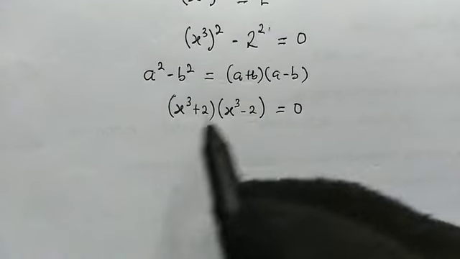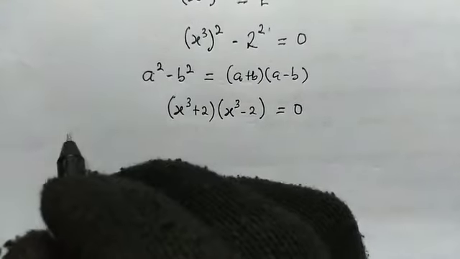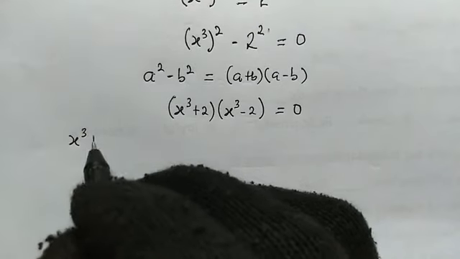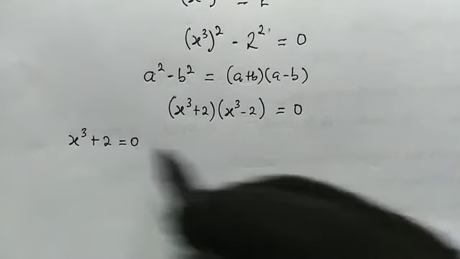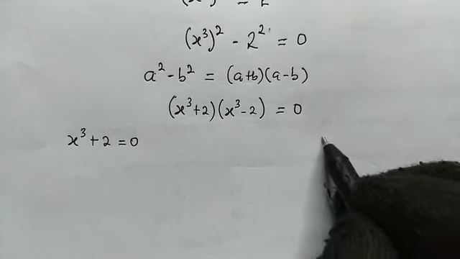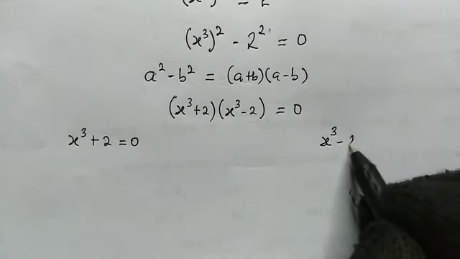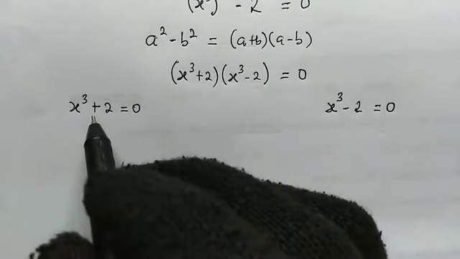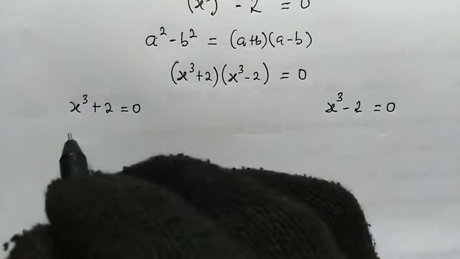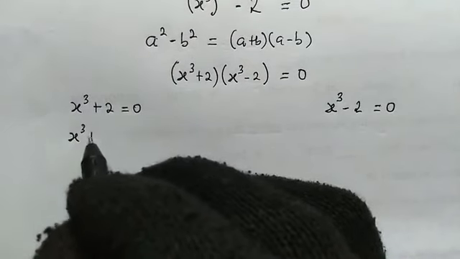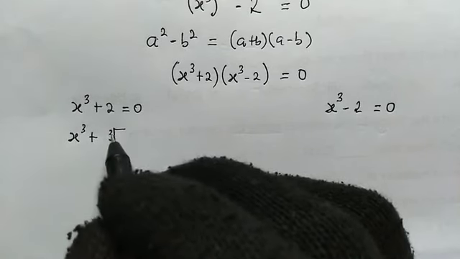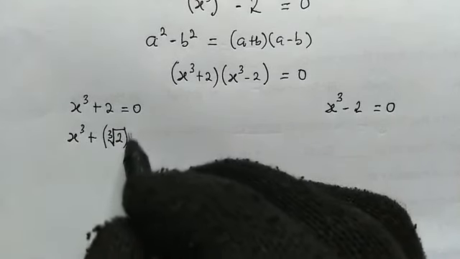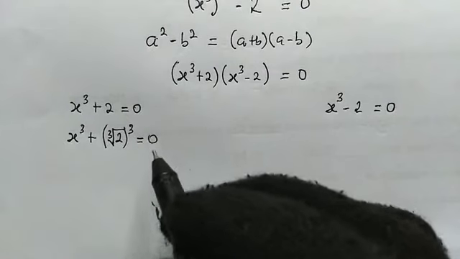Now at this point, either this is equal to 0, that is x cubed plus 2, or this is equal to 0, x cubed minus 2. Okay, so from here we can rewrite this as x cubed plus the cube root of 2 cubed, then this is equal to 0.